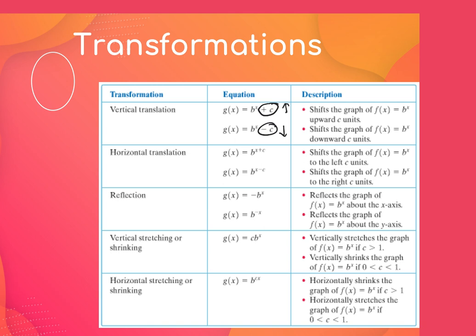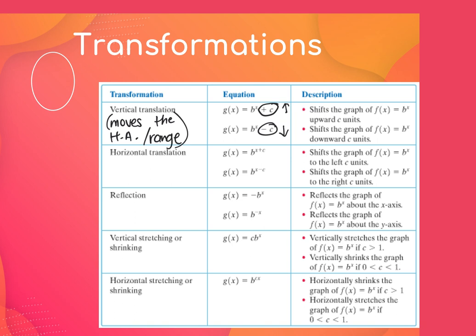Positive shifts it up, negative shifts it down. This is what moves the horizontal asymptote. If it's originally at 0 and I shift everything up 2, then my horizontal asymptote just shifted up to 2. If it was at 0 originally and I shifted everything down 2, then my horizontal asymptote just shifted down 2, okay? So that's what changes your horizontal asymptote, which changes the range.